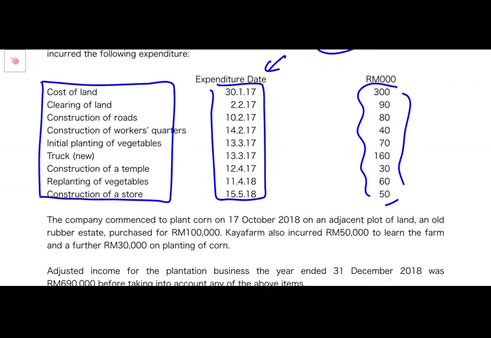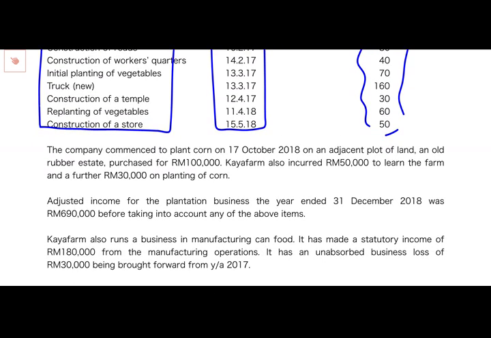Okay? Now, of course, then after that, they tell you that the company commenced to plant corn on 17 October 2018 on an adjacent plot of land that they purchased for 100,000, and Kaya Farm incurred 50,000 to clear the farm, and a further 30,000 to plant corn.